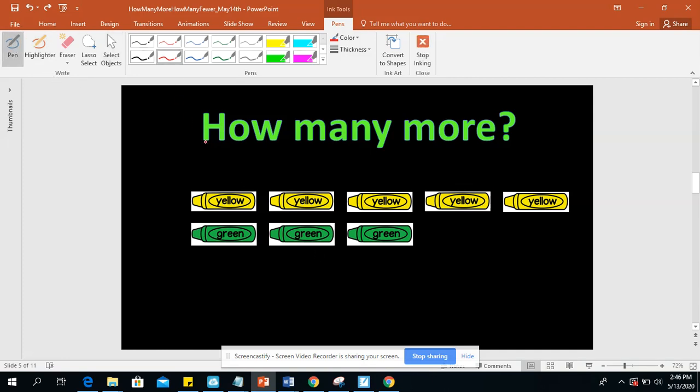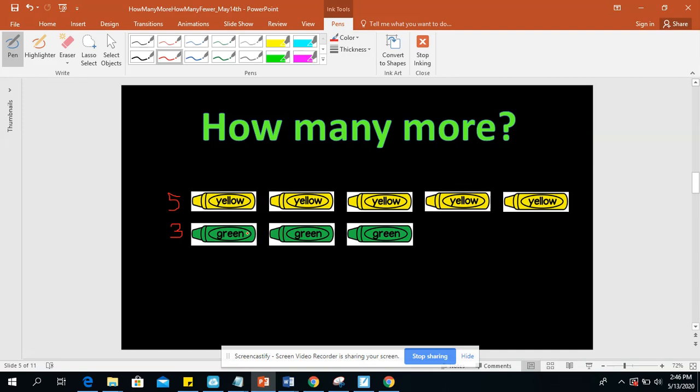Well, we see that there are 5 yellow crayons and 3 green crayons. 5 is more than 3. That means there are more yellow crayons. But how many more crayons?